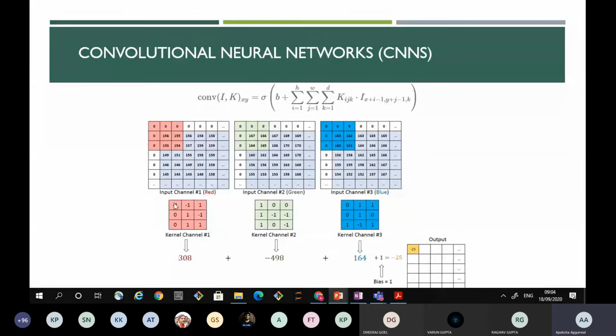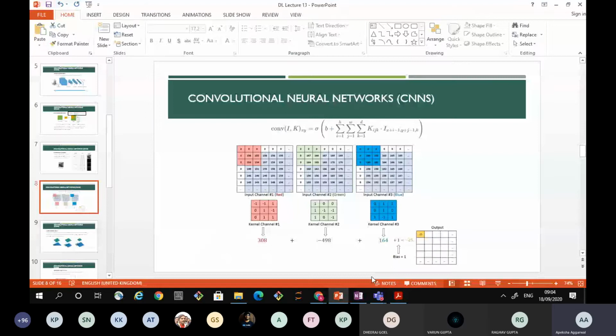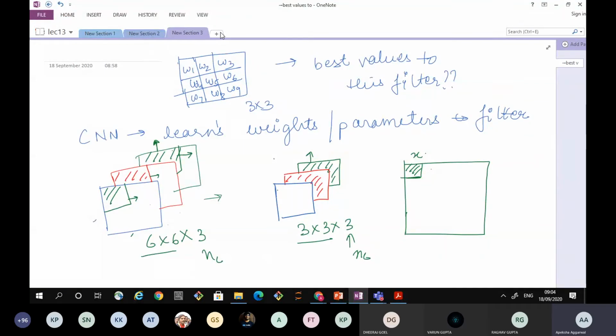I'm applying this filter over the first channel, the second filter over the second channel, the third filter over the third channel, and then adding all these three values to find my first pixel value in the output image. So we are basically summing up all the values. They have added the bias term as well, so I'll discuss what it is. This is the overall idea of the convolution.